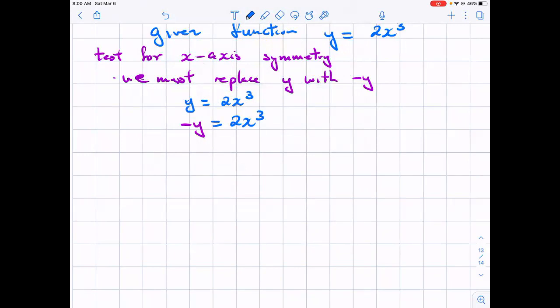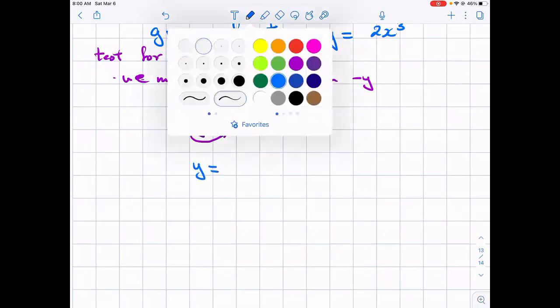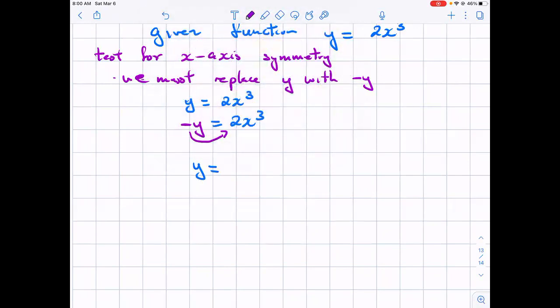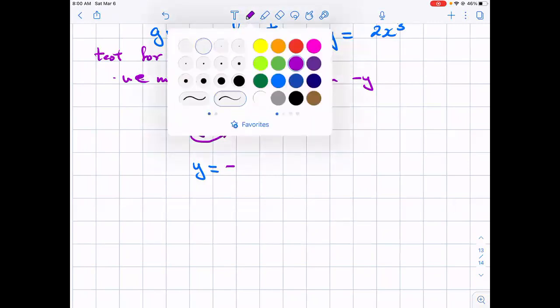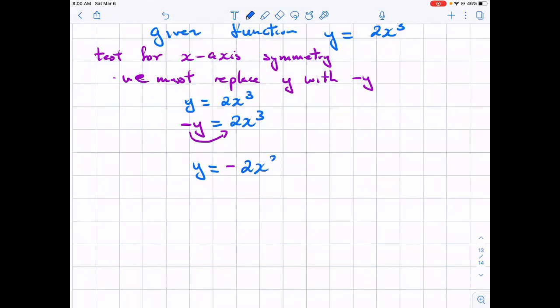Okay. And we notice that if we try to get y by itself, if we take this to that side, we end up with y is equal to minus 2x cubed.